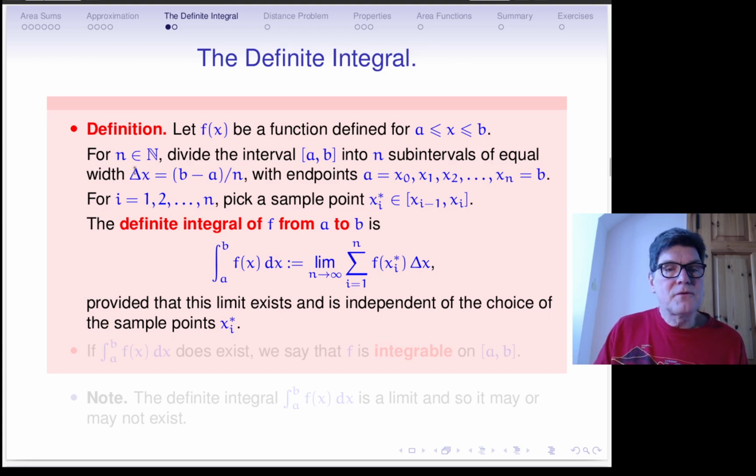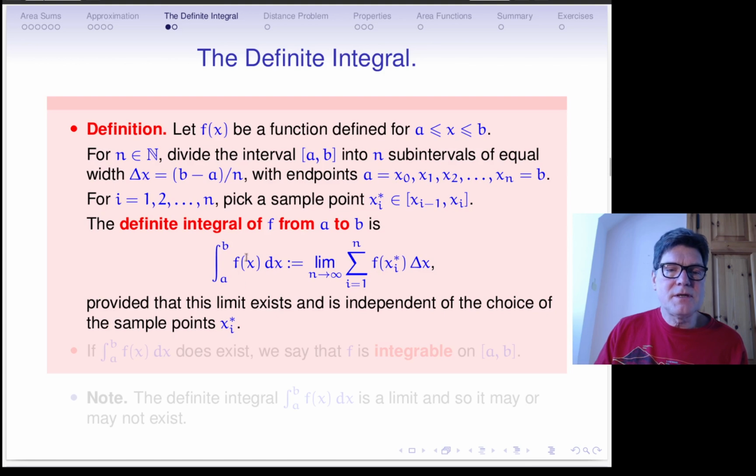Where of course the delta x here, b minus a divided by n, changes with n going to infinity. For each n, delta x is a different one. And the definite integral of f from a to b uses this notation.